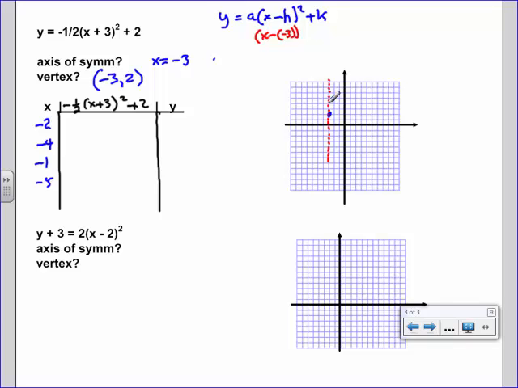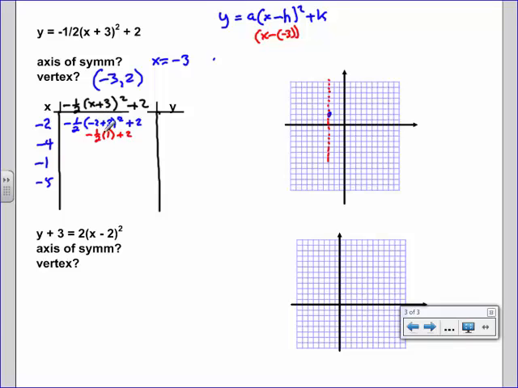And we'll do our calculations. If we put in negative 2, plus 3 is 1. 1 squared, negative 1/2 times 1 plus 2.